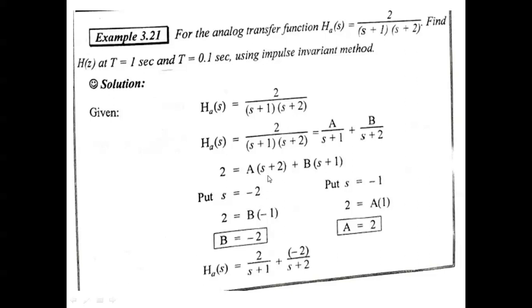If you put s equal to minus 1, then 2 is equal to A times 1, so you get A equal to 2 and B equal to minus 2. So Ha(s) is equal to 2 over (s plus 1) minus 2 over (s plus 2).